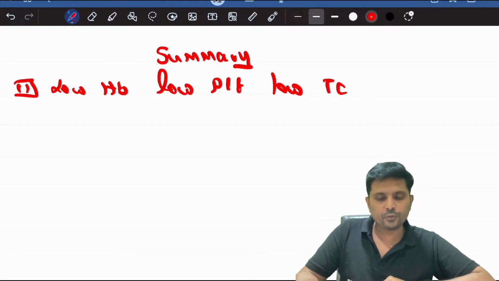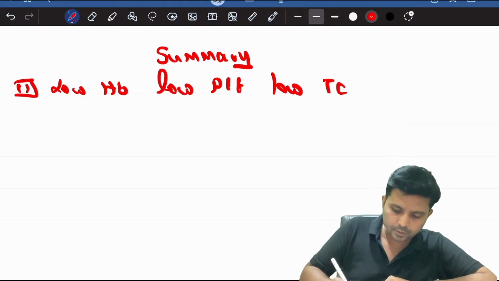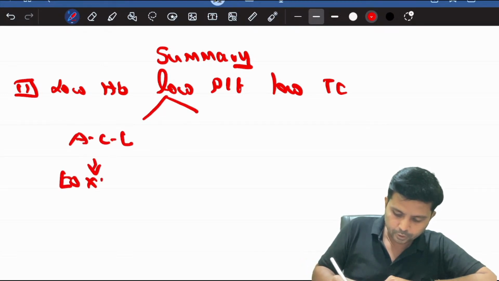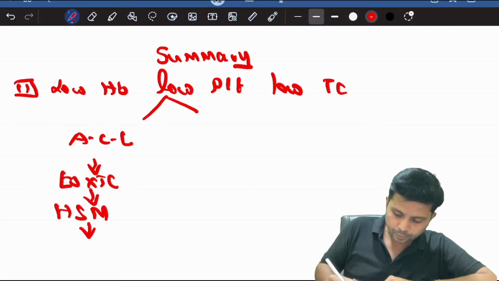In which condition will you get this? You will get this in acute lymphatic leukemia, in which the child will be toxic, along with hepatosplenomegaly, and the lymphocyte count will be high.